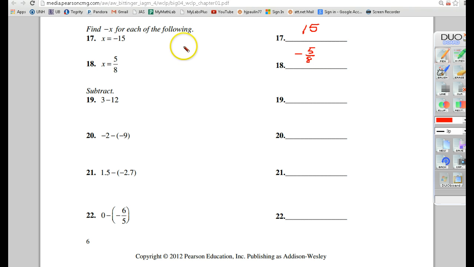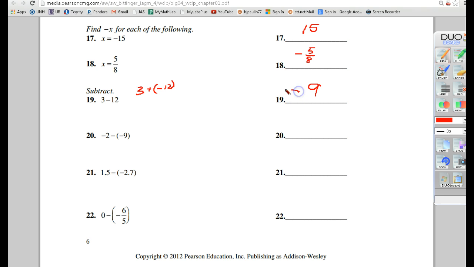All right, now we're jumping into subtract. Well, remember we said we could write it this way. 3 plus a negative 12. So we've changed our subtraction to an addition of unlike sign numbers. So again, we're going to subtract the 3 from the 12, get a 9, and apply the larger absolute value sign.